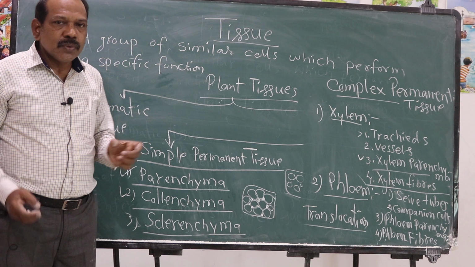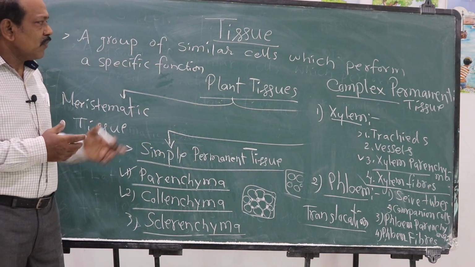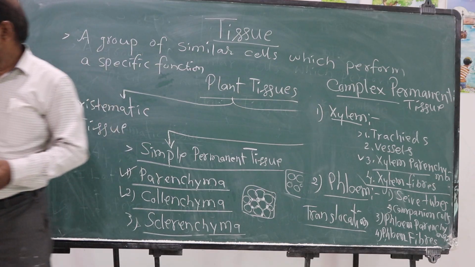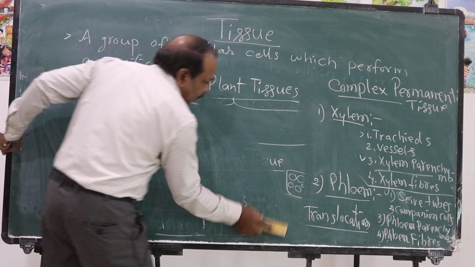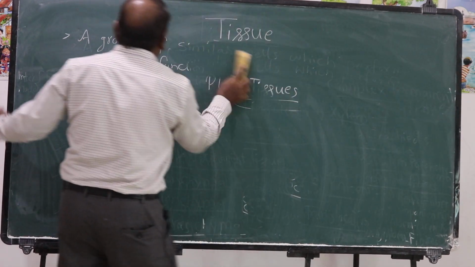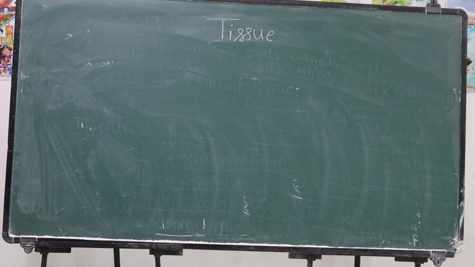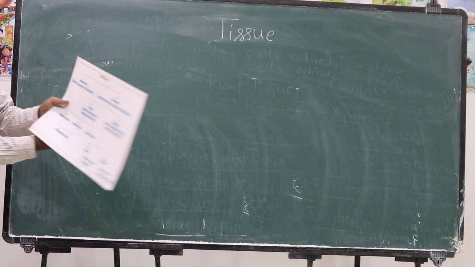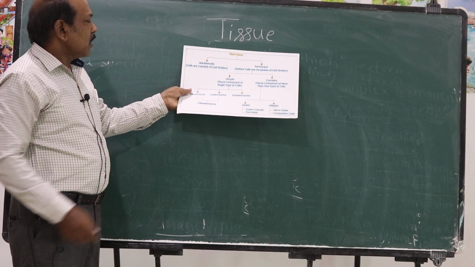So I'd like to show you a small chart which gives more clarity of classification of complex permanent tissue. Look at this chart. I have shown this chart in the previous topic also.